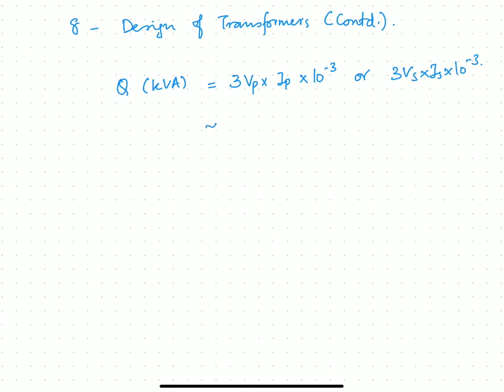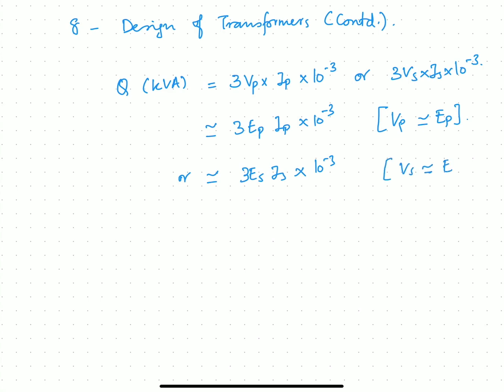This is approximately equal to 3 Ep Ip into 10 to the power minus 3, since the applied voltage is almost equal to the induced voltage Ep, and you can also write that this is approximately equal to 3 Es Is into 10 to the power minus 3, since the secondary voltage is also almost equal to the induced voltage in the secondary.